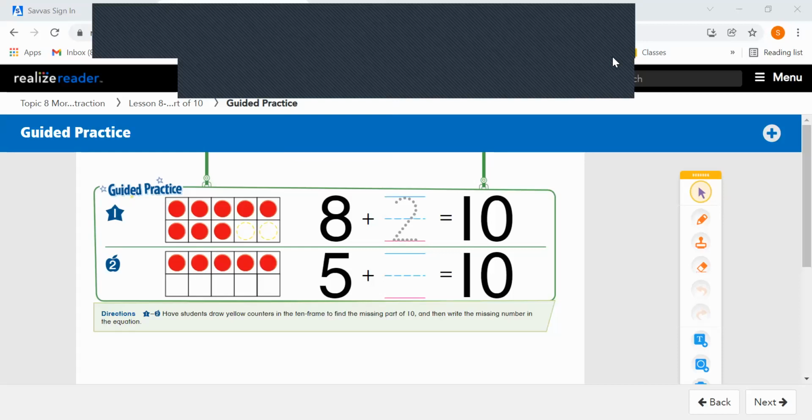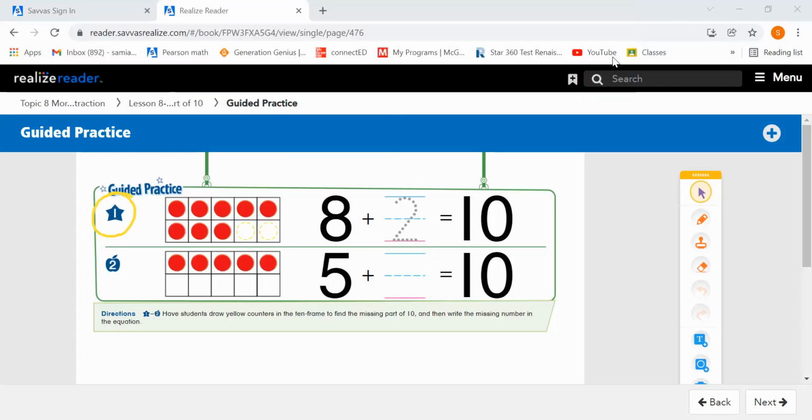Let's look at our first problem in our guided practice. You are going to draw yellow counters in the 10 frame to find the missing part of 10. And then you're going to write the missing number in the equation. So we have 8 red counters in our first 10 frame here.